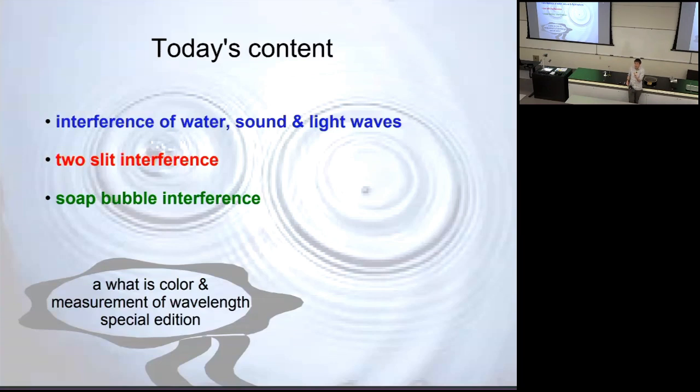A thousandth of a millimeter is a micron, that's 10 to the minus 6 of a meter. You can't see that. And wavelengths of light are fractions of a micron. So they're incredibly small, but we're discovering in today's class how you can measure wavelengths of light from 400 to 700 nanometers.